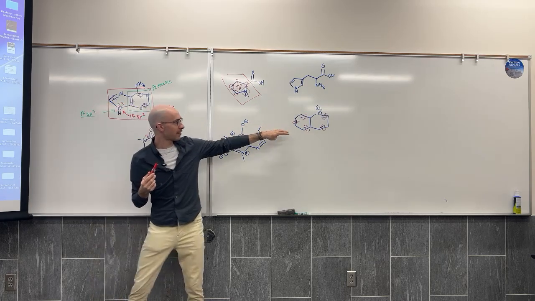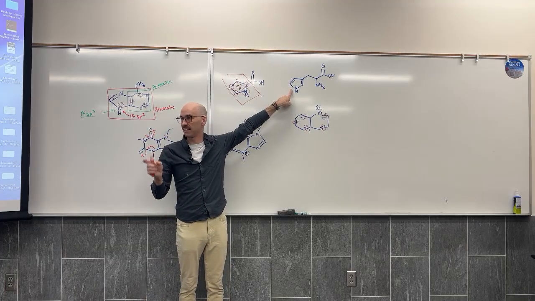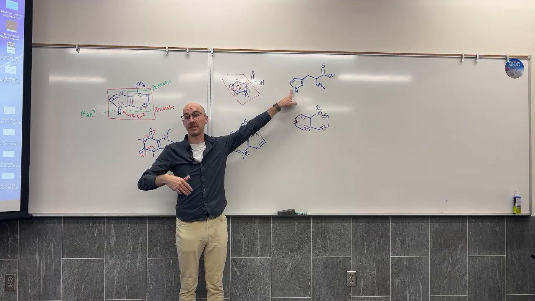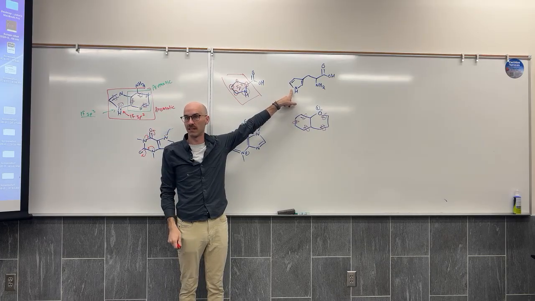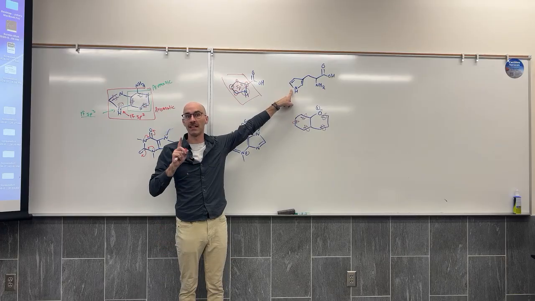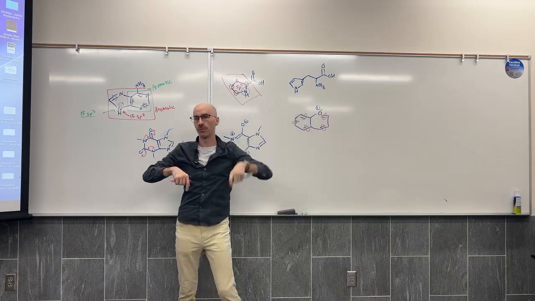If an atom is not in pi bonding explicitly, then it has the potential to be in pi bonding according to these secret rules of aromaticity. Like this nitrogen can share its lone pair to make it aromatic because it doesn't already have its p orbital consumed.